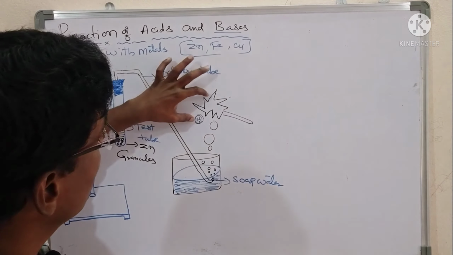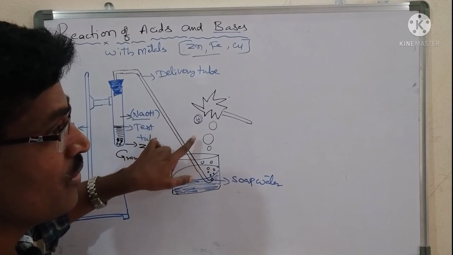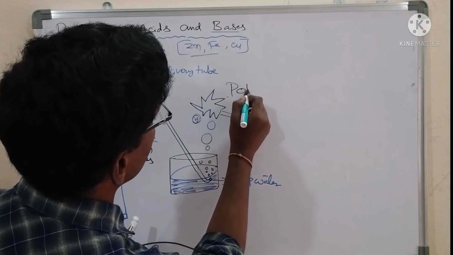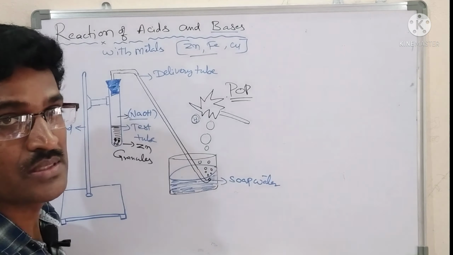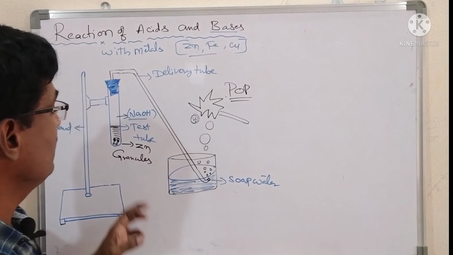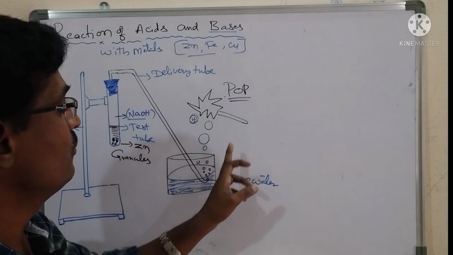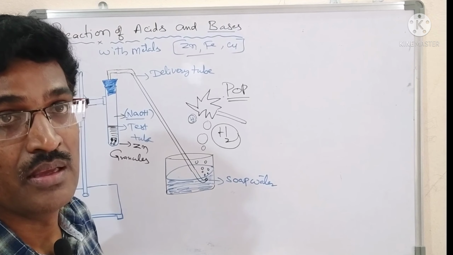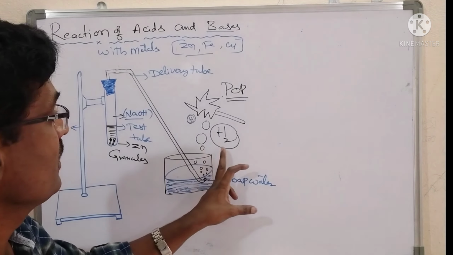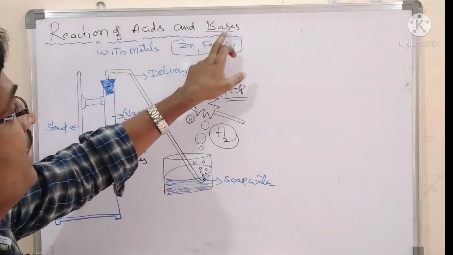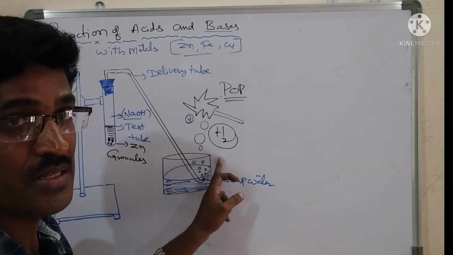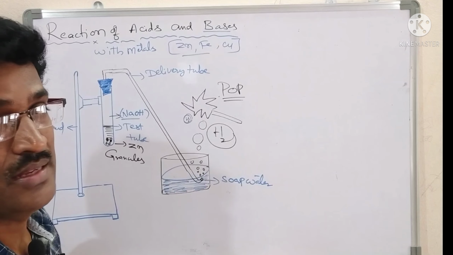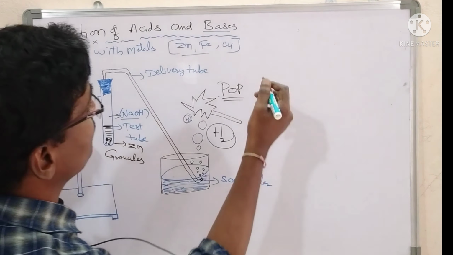When you take the burning candle near the gas evolved from the soap water, a pop sound comes and it burns. By this you have to say the bubbles contain hydrogen gas, because of the pop sound. That's why you say H2 gas is evolved. When base reacts with metal, which gas is released? Hydrogen gas. When acid reacts with metal, which gas is released? Hydrogen gas. Now I will write the equation of the base.